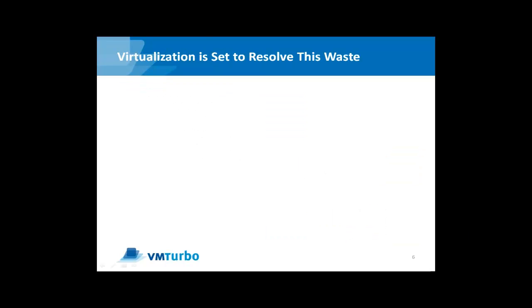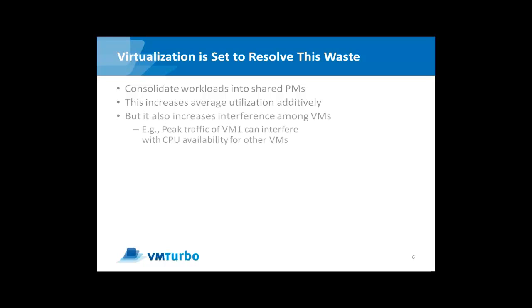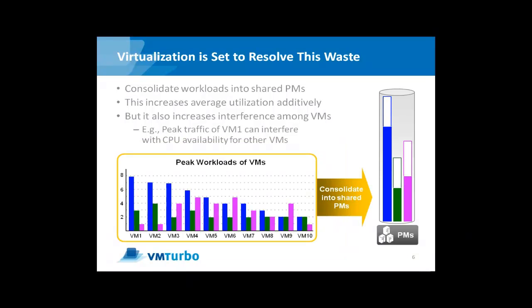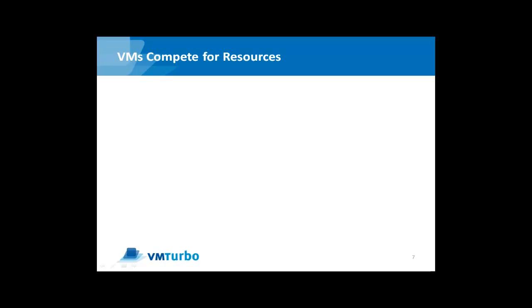So one of the key value propositions of virtualization is to resolve this waste by consolidating the workloads onto shared physical machines. This increases utilization, but it also increases interference amongst virtual machines. The peak resource requirements of the virtual machines can coincide, in which case you have interference, and in that shared environment the VMs compete for resources.